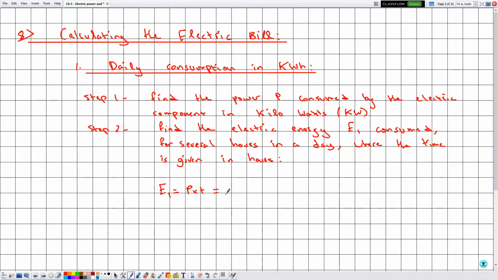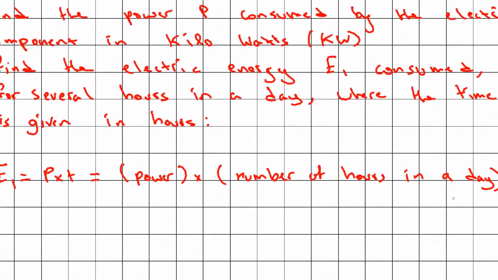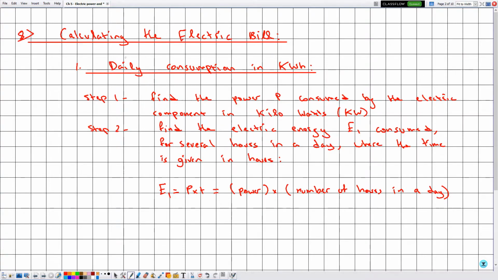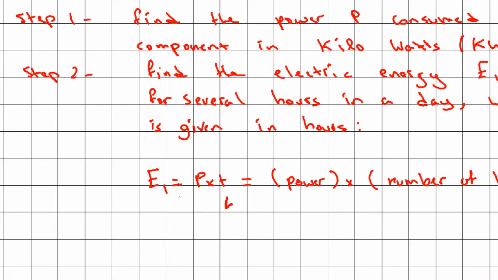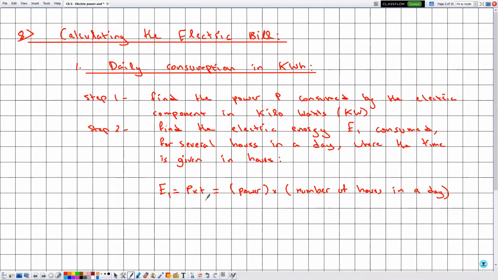So it's given by the power multiplied by the number of hours in a day. And by using this formula, we have determined the daily consumption in kilowatt hour. Why? Because if T is expressed in hours and P is in kilowatts, the unit of E1 will be simply kilowatt multiplied by hour.